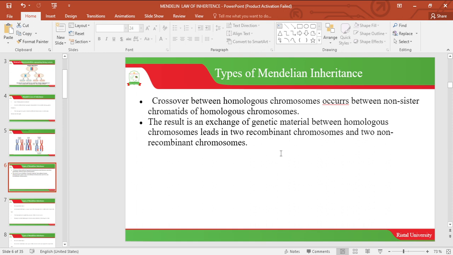Let's continue with Mendelian inheritance. Crossing over between homologous chromosomes occurs between non-sister chromatids of homologous chromosomes, as in the previous diagram. The result will be an exchange of genetic material between the homologous chromosomes, and this will lead to two recombinant chromosomes and two non-recombinant chromosomes.